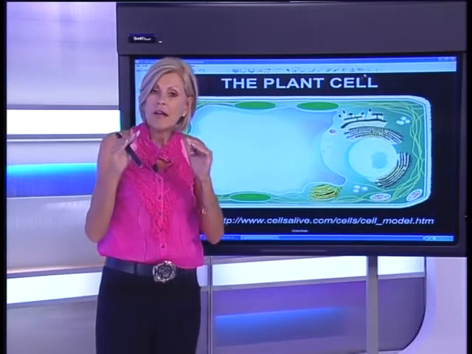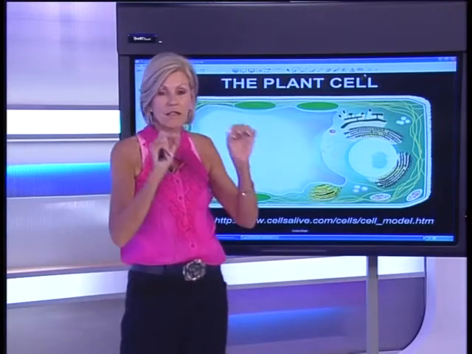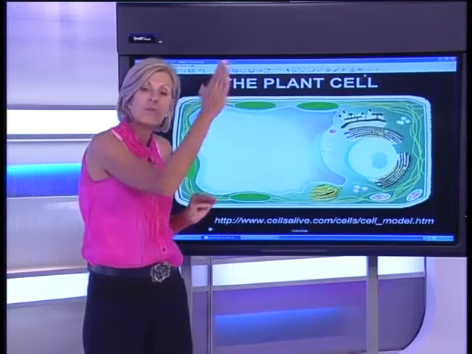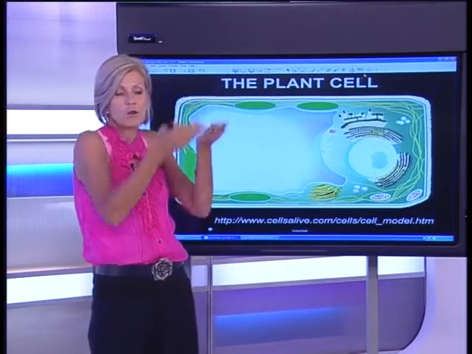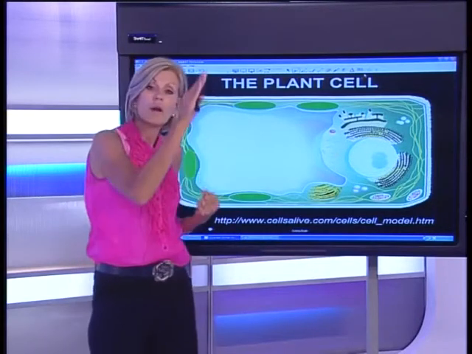Okay, and then we have active transport. Now, active transport was our little guy with his skateboard, and he had to walk up the hill. He couldn't ride his skateboard up the hill. He had to pick it up and walk up the hill.